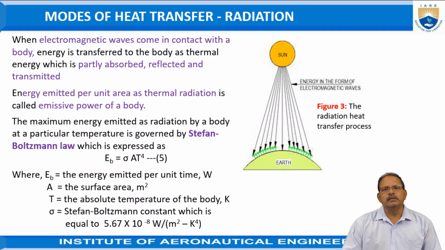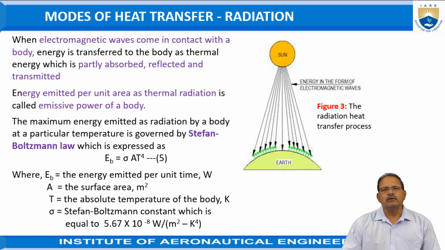Here, the maximum energy that can be emitted by the radiation process is given by Stefan-Boltzmann's law, which is expressed as E_B equal to sigma into A into T to the power of 4, where E_B is the thermal energy transmitted per unit time, A is the area of the surface, expressed in meter square, T is the absolute temperature, measured in degrees Kelvin, and sigma is the Stefan-Boltzmann constant.